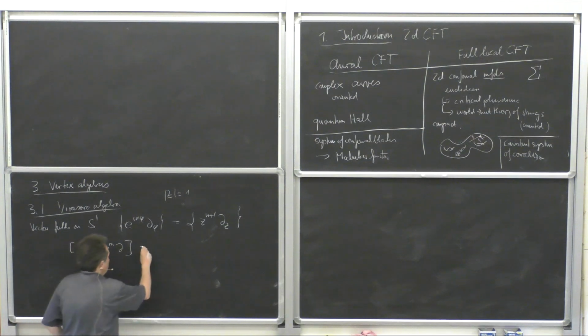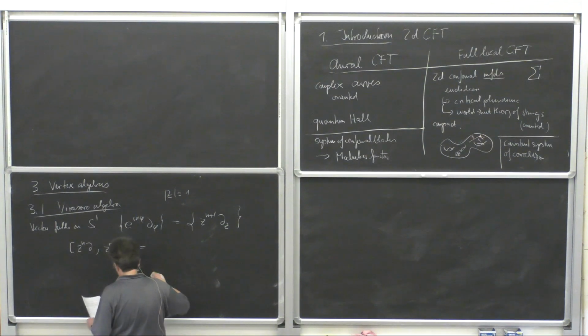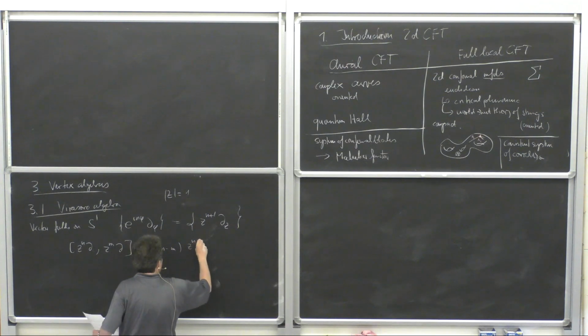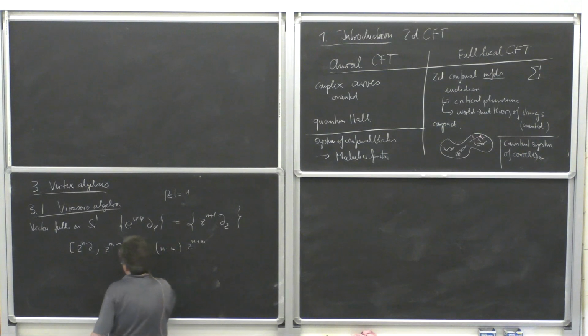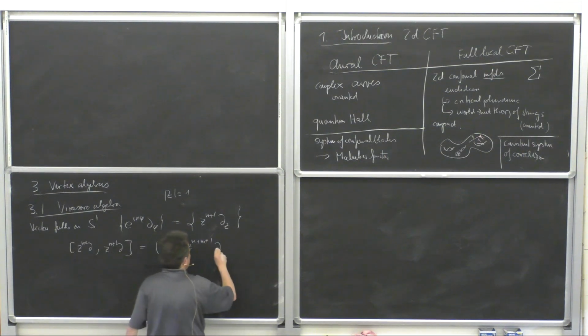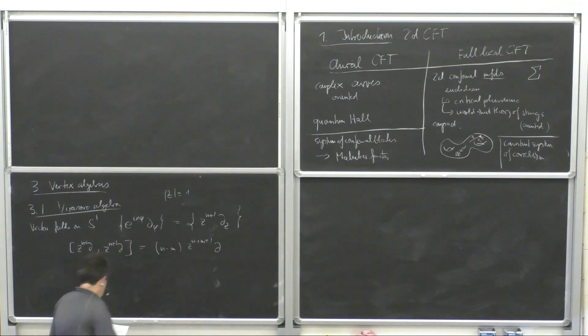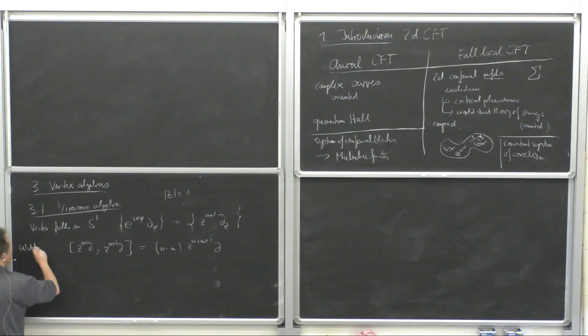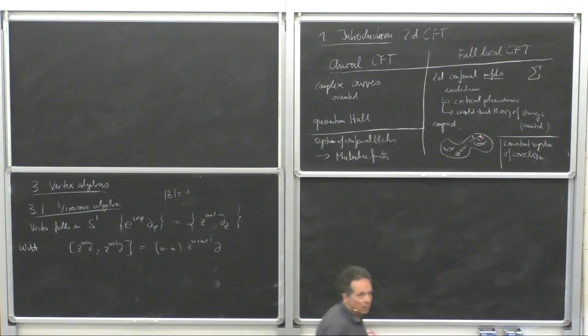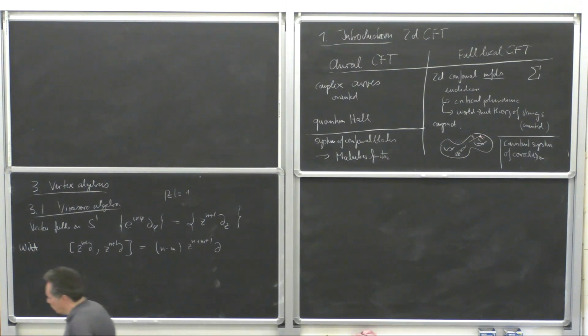What you get is n minus m times z to the n plus m, and here I should put a plus 1, because by differentiating you lose something, and you get an algebra. Sometimes this algebra is called the Witt algebra. It's a big name. It has been discovered several times. Witt is the mathematician who also did Poincaré-Birkhoff-Witt.